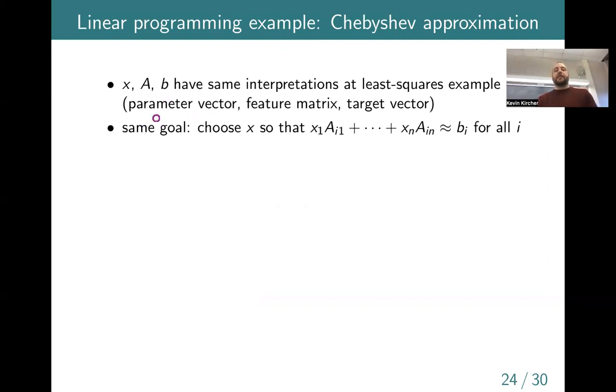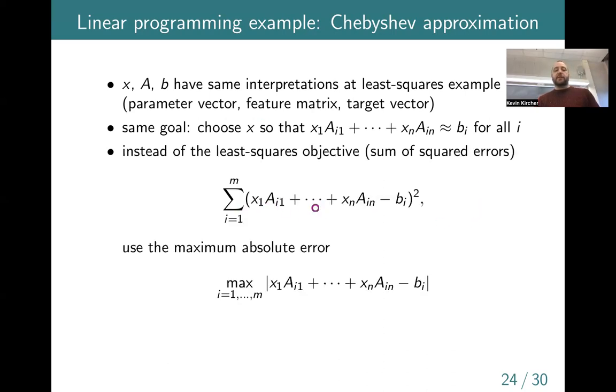So x is our parameter vector. A is our feature matrix, the matrix of things that are going to be useful for making predictions. And then b is our target vector, the stuff we're trying to predict. Again, we want to choose x such that this mixture of the a_i, or the columns of A, is approximately equal to b for each of the elements in our equations.